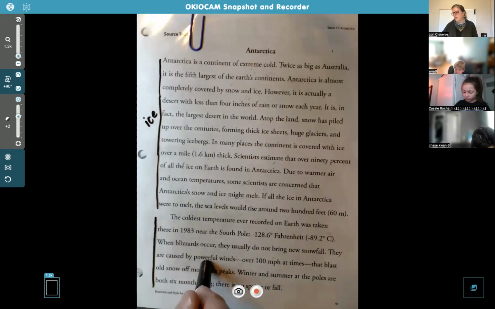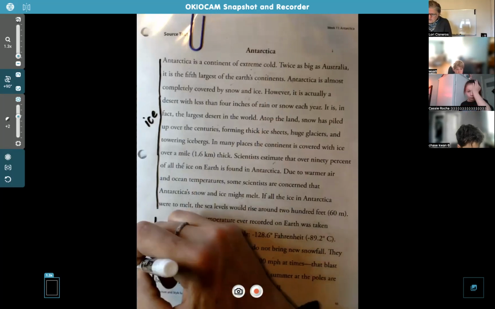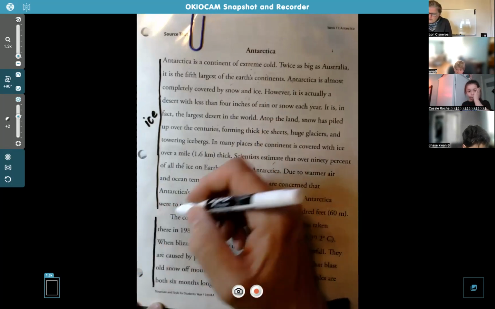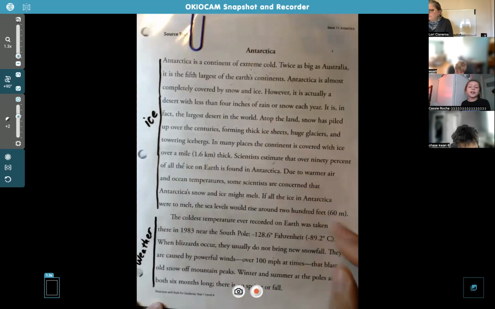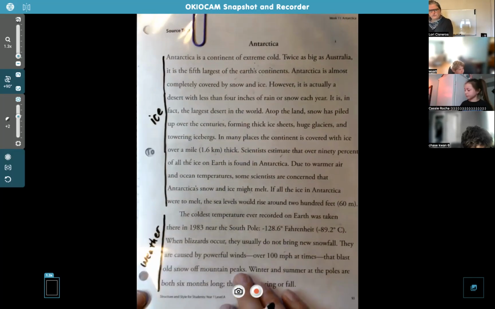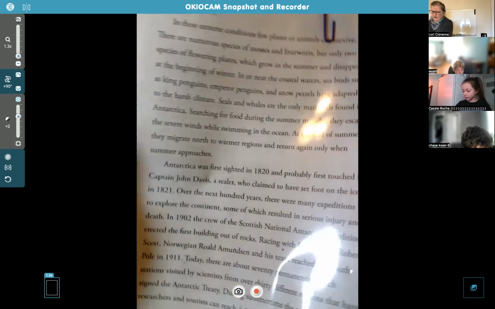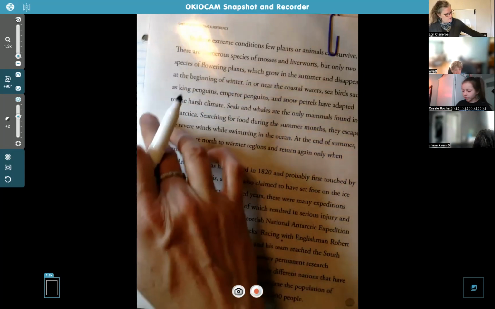Antarctica. What do you have here for the second paragraph, Cassie? For the second one, I have people. People? This one actually should say weather. I mean, sorry, weather. I was looking at the wrong side. Okay. Yeah, that one's about weather. And then on the back, what do you have, Wyatt, for this top paragraph here?